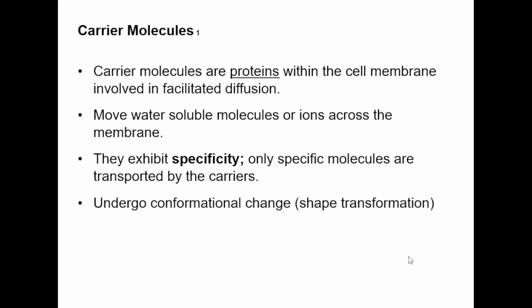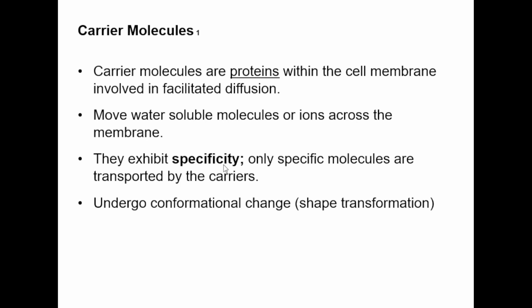The second type of carrier-mediated transport is carrier molecules or carrier proteins. Okay? So these carrier molecules are still proteins. But what's special about your carrier molecules is that they exhibit specificity. What do we mean by that?